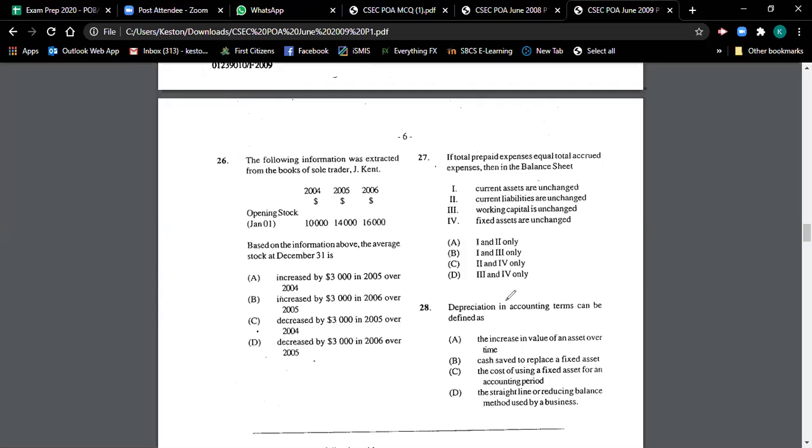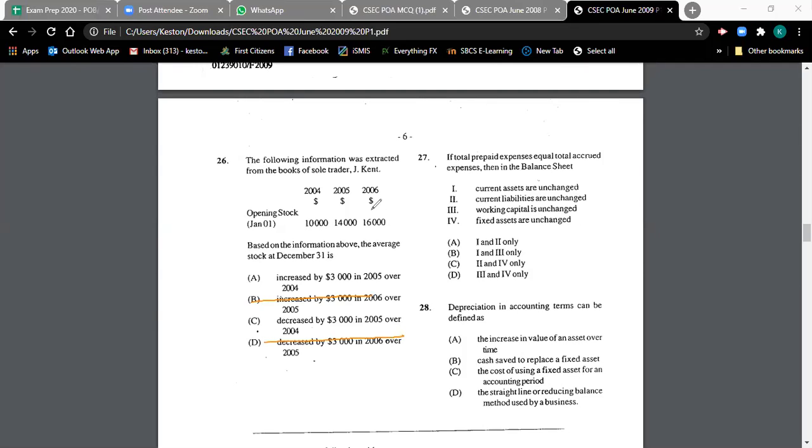26. The following information was extracted from the books of a sole trader J. Kent. Based on the information above, the average stock at 31st December is which one? So anything with 2006 in it is incorrect because you don't have enough information to say anything about 2006.